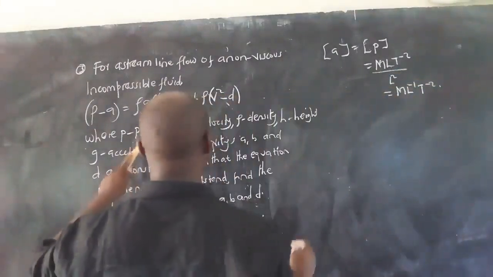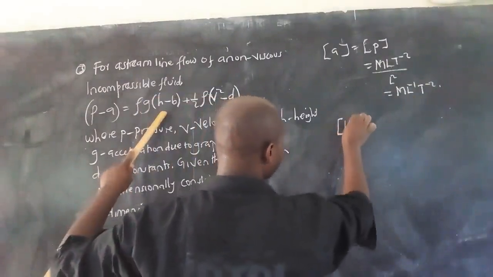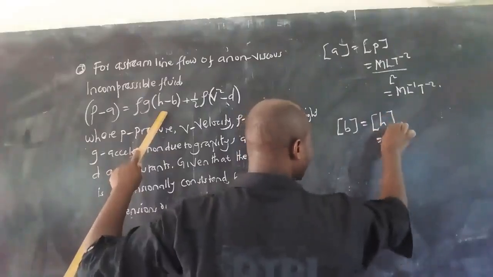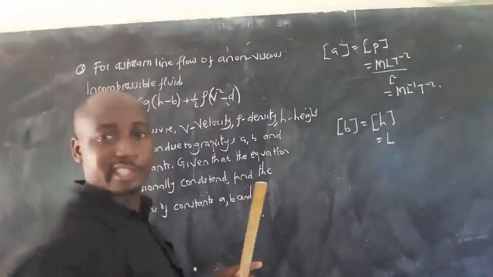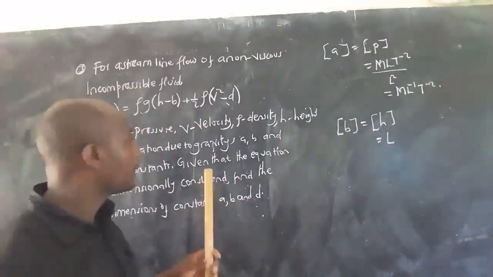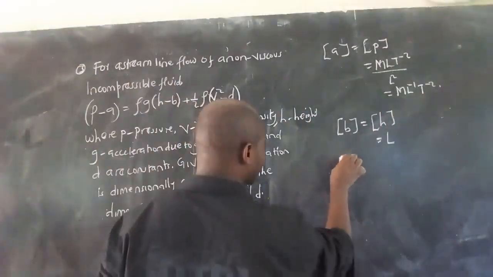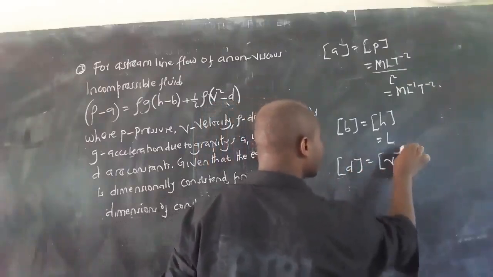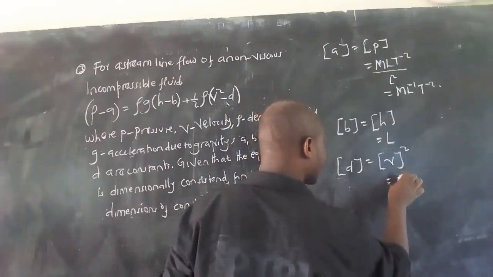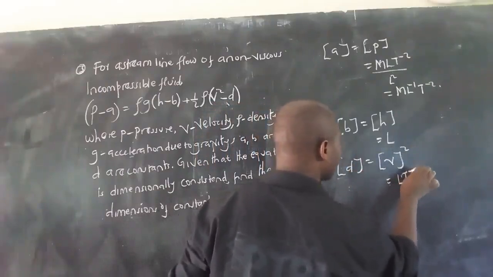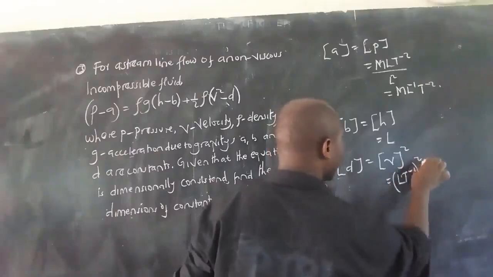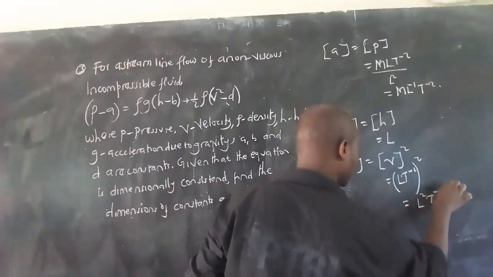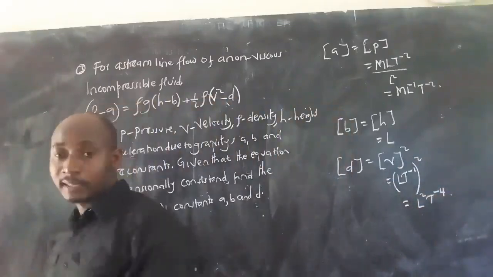Then dimensions of B should be equal to dimensions of what? h, which is length L. h is in centimeters, so that is length, not so? Then dimensions of D will be equal to dimensions of v squared, v is L T negative 1, but then what? Squared, which will now become L squared T negative what? Negative 2. So that is how we get the dimensions.